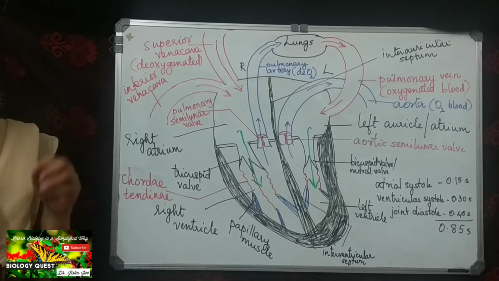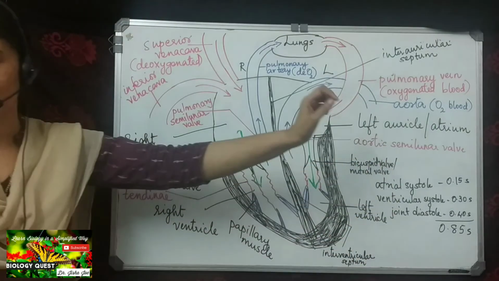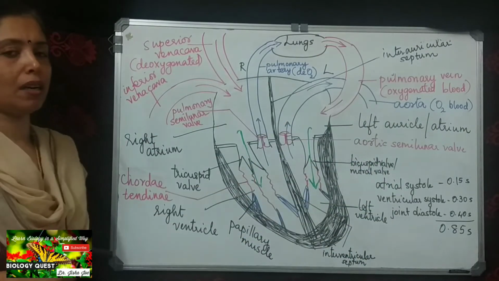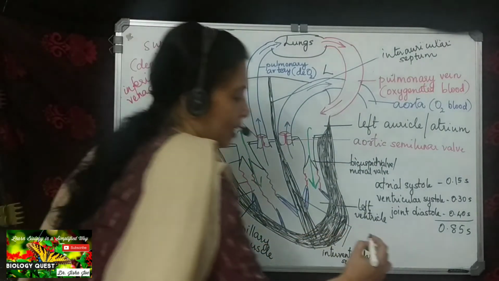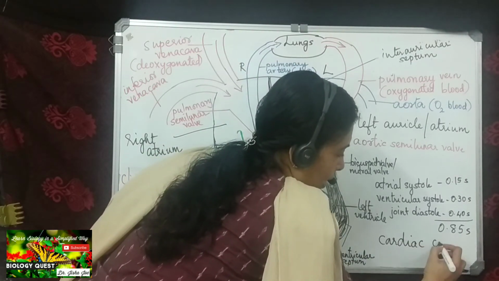So that is the heartbeat. And this entire sequence of events that take place in the heart during a heartbeat is called a cardiac cycle.